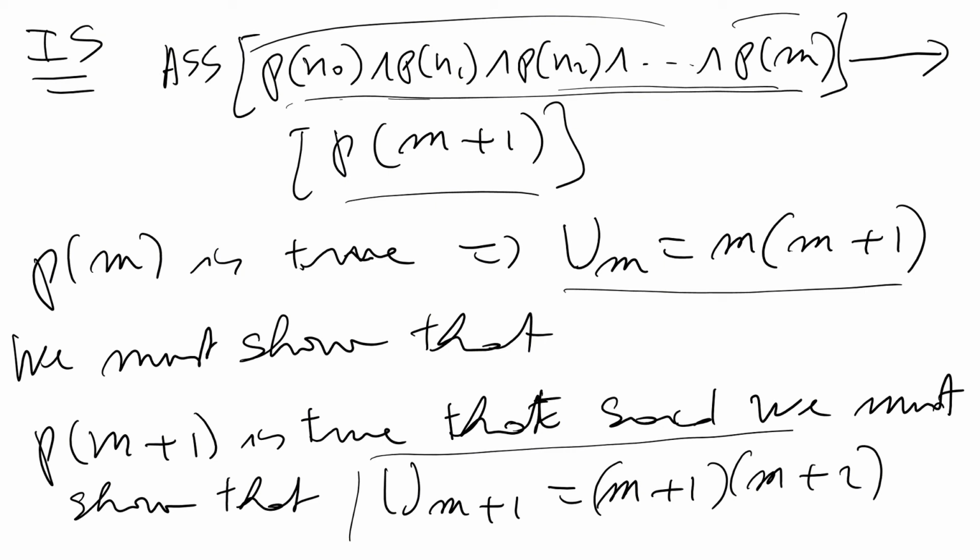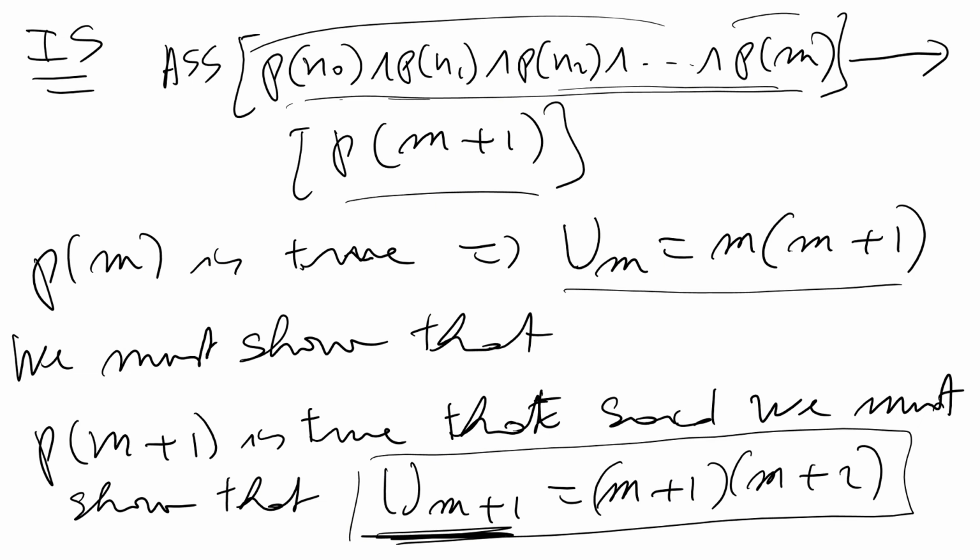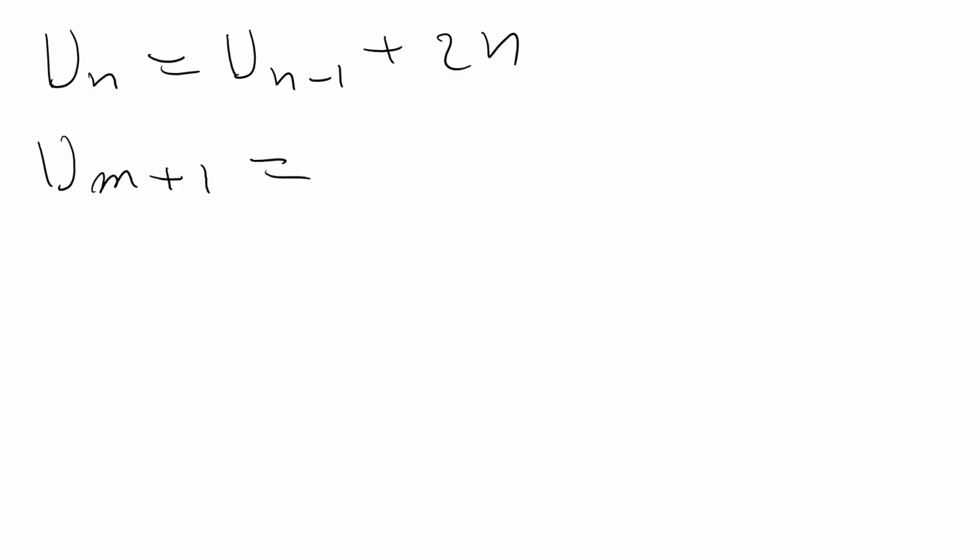What we are going to do is go from this statement. We were given that u_n equal to u_(n minus 1) plus 2n. So that means for m plus 1, because I'm trying to compute to go from this side to get this, I just replace in this formula.